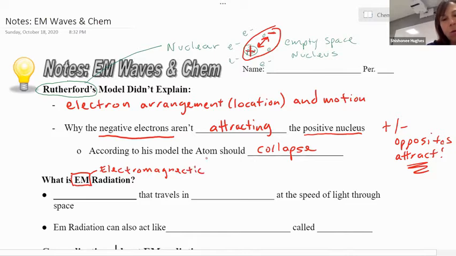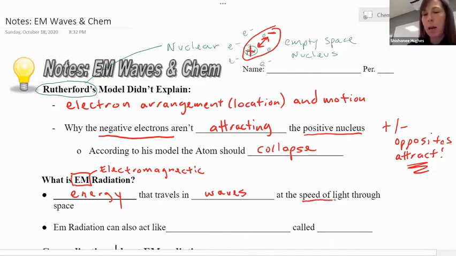If you want to write that down, you can, though you don't necessarily have to. EM radiation is energy that travels in waves at the speed of light through space. It doesn't matter what type of electromagnetic radiation you have, it all travels at the speed of light through space.